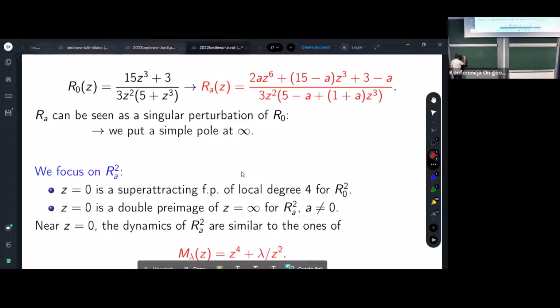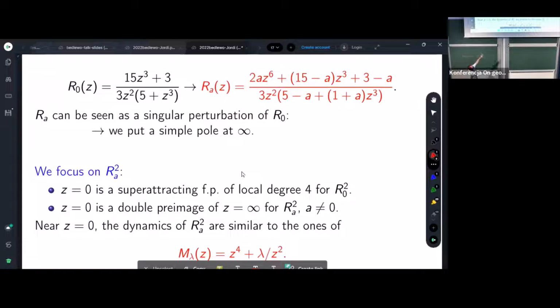If I have a rational map and I want to add a simple pole at infinity, the only thing I need to do is add lambda over z. If infinity is not a fixed point, after you add lambda over z, infinity is a fixed point. But the problem is that adding lambda over z will not preserve any kind of symmetry.